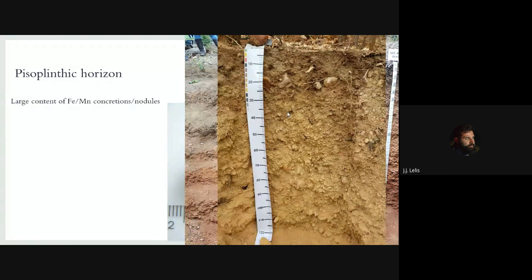Another example, here is another soil profile with a lot of coarse material, and these are not rock fragments, but iron nodules and concretions in a high volume of these horizons, okay?